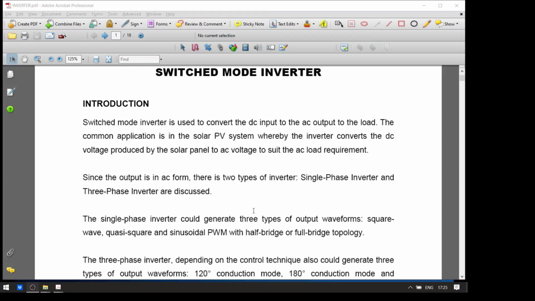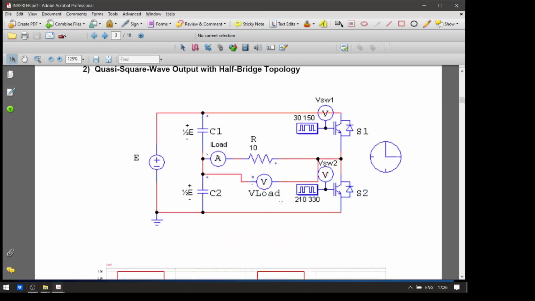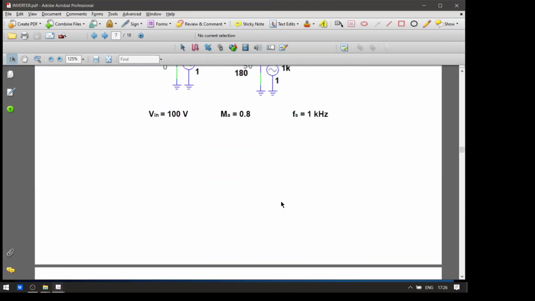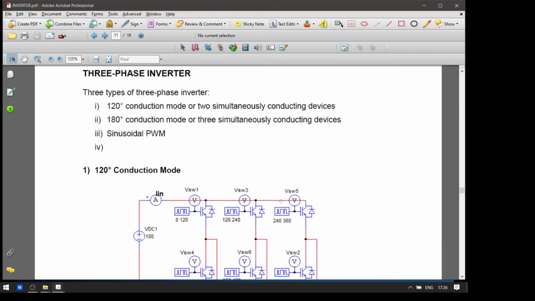There is a comparator that compares those two, and whenever the modulating signal is greater than the triangular carrier signal, there will be a pass to the switch. So that is the conventional way to generate the PWM waveform. So now I'm going to browse to the PWM section.